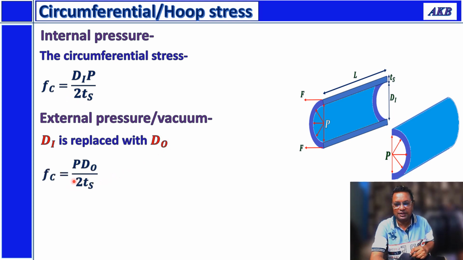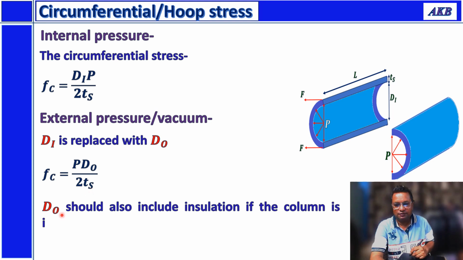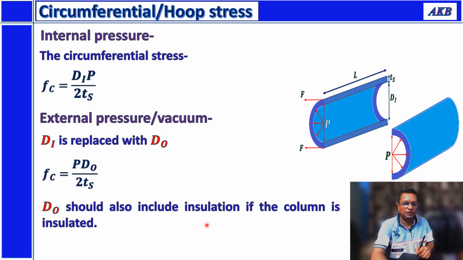So Fc will then be given as P into Do upon 2 into Ts, where Do, as I said, is the outer diameter of the shell. If it is an insulated vessel, then you need to consider insulation also in that diameter. So Do will not only include the outer diameter of the shell, it will also include the thickness of the insulation, and that will come into picture if the column is insulated.